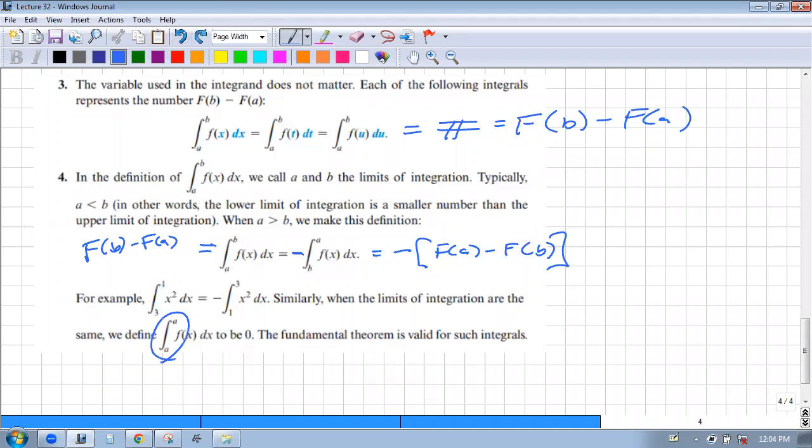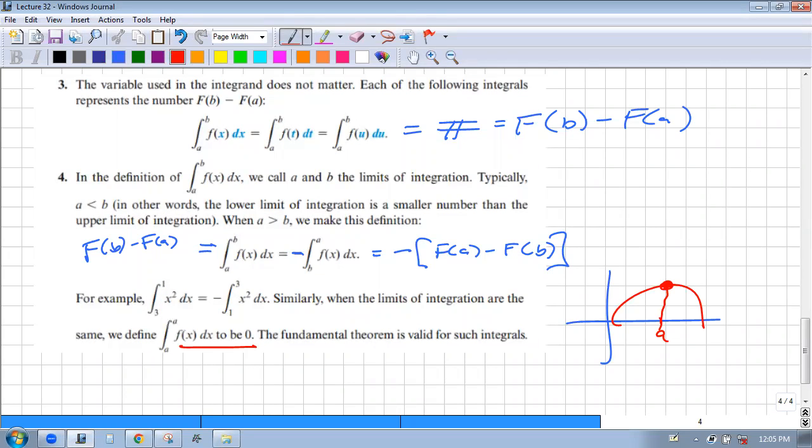Oh, and here is the integral from A to A. Okay, well, let's say you have something like this. Here's A. The integral from A to A, well, that's basically the area underneath a point. Well, a point is infinitely small, right? There is no area underneath a point. So the area underneath a point is defined to be 0, right? Because a single point is infinitely small.